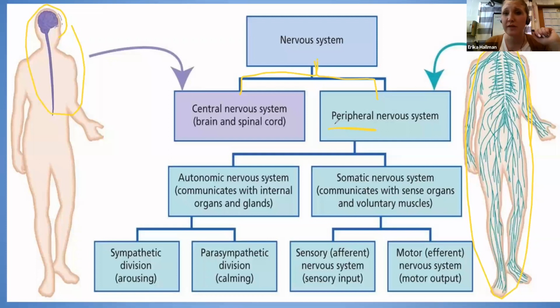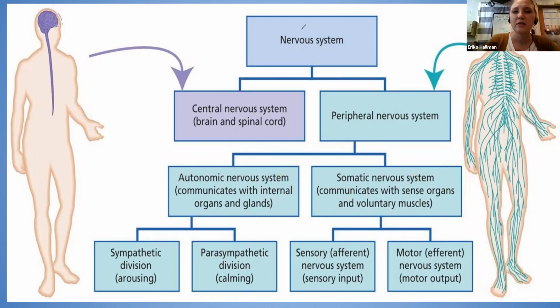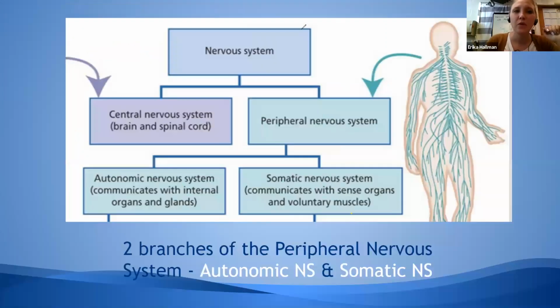So our peripheral nervous system is going to bifurcate again. It's going to divide into 2 overall categories, autonomic and somatic, all right? And we're going to go into the details of each of these in just a moment. The autonomic divides into parasympathetic and sympathetic. The somatic divides into sensory and motor, all right? So let's go through and talk about what each of these does.